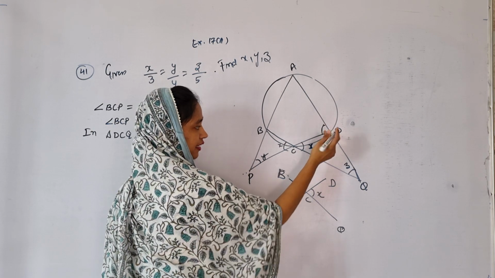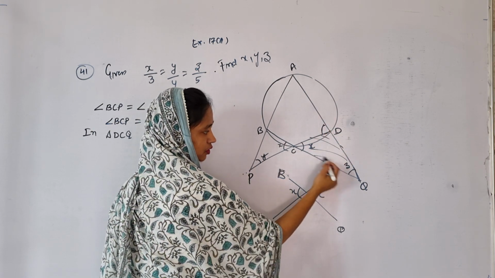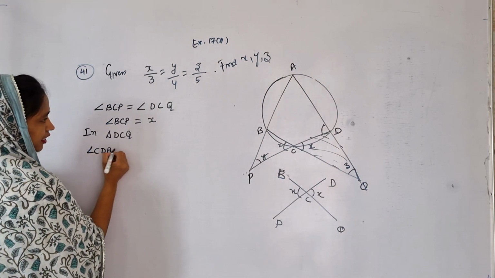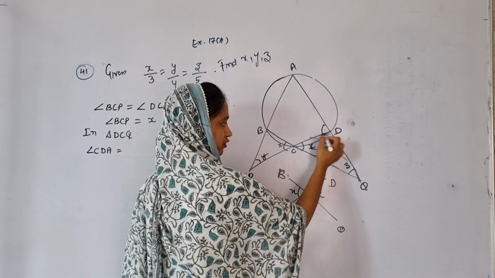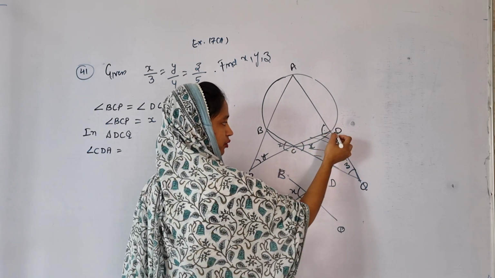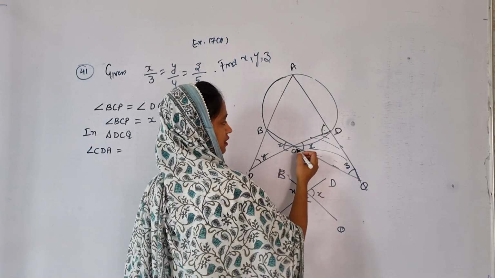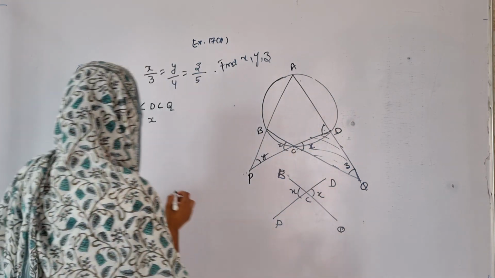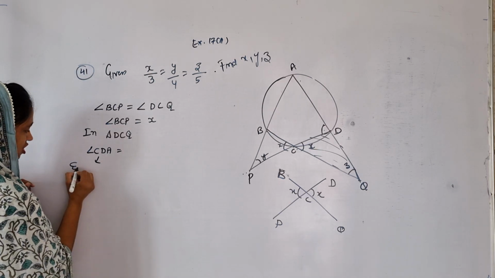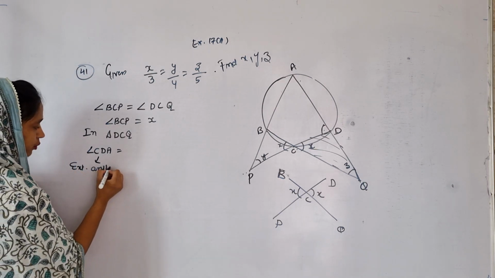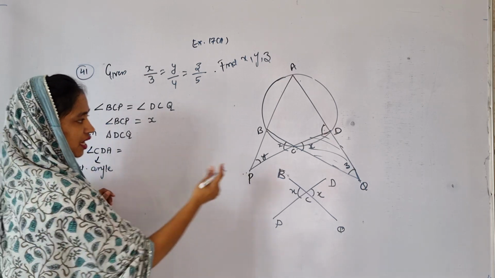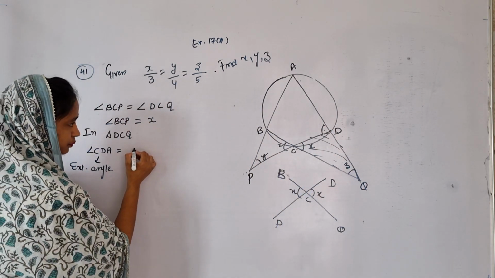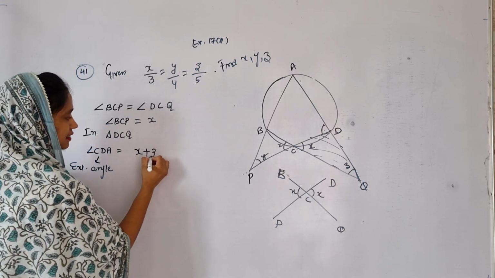This angle will be exterior angle for this triangle. Okay, in triangle DCQ, CDA is an exterior angle. Okay, so we know that exterior angle of a triangle is equal to sum of opposite interior angles. It will be equal to x plus z.